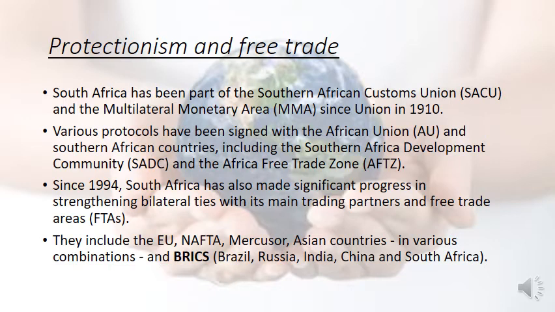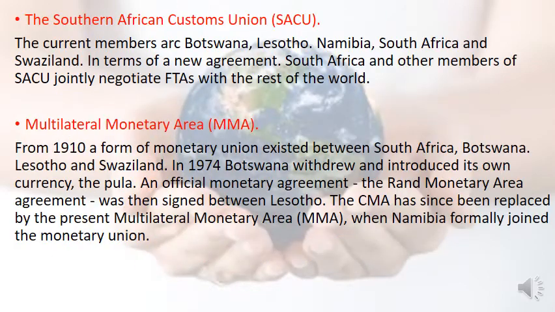Since 1994, we've obviously also been a key player in developing trading ties with free trade areas like the European Union, NAFTA, Mercosur, and most importantly BRICS. So you also need to know a basic description of our main trade agreements. So that's what we're going to look at.